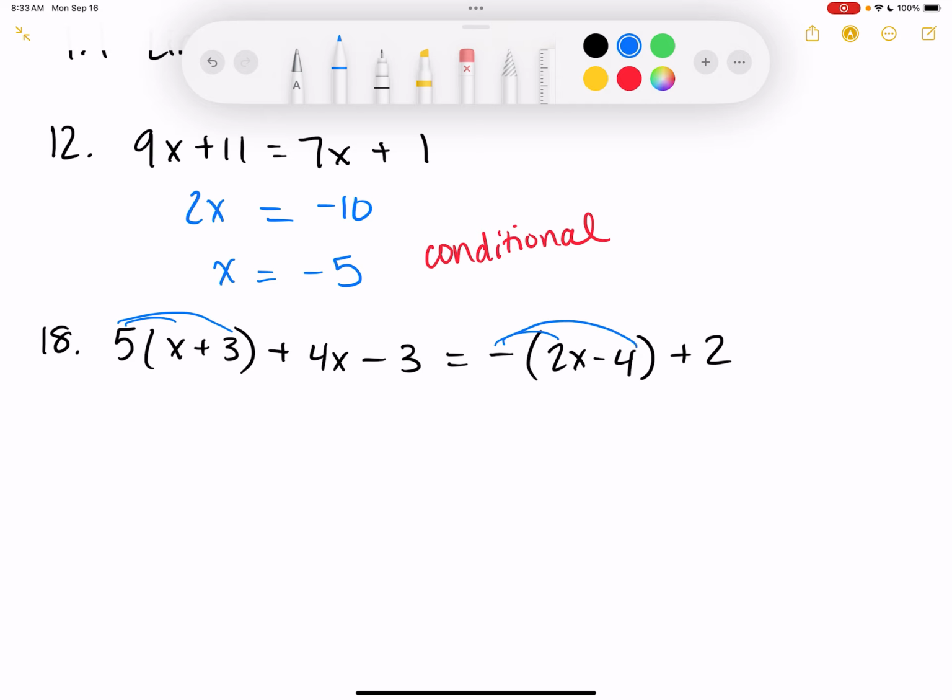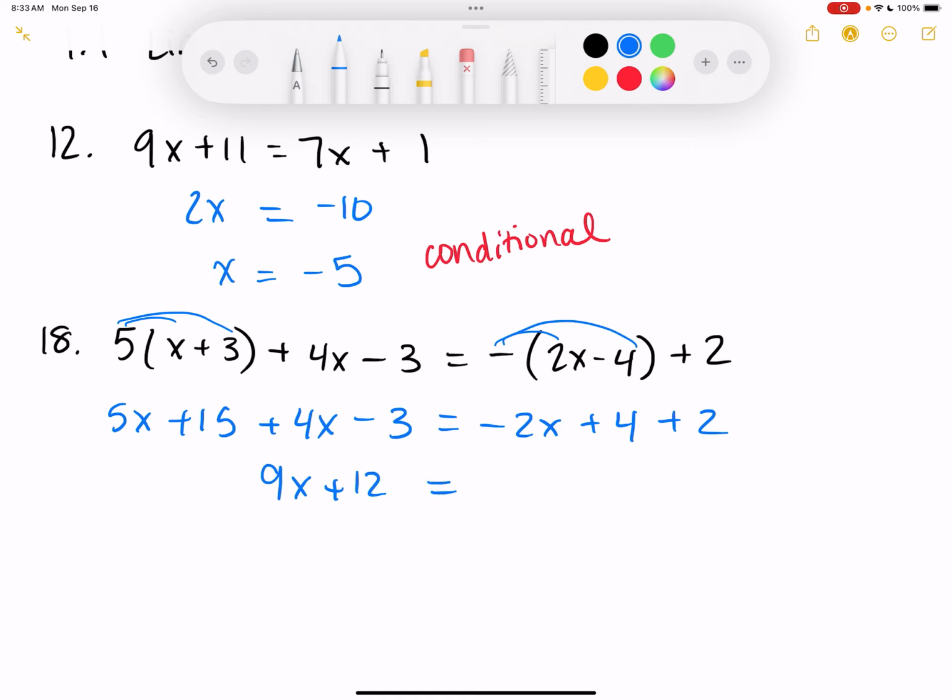So I get 5x plus 15 plus 4x minus 3 equals negative 2x plus 4 plus 2. Now I'll combine like terms on each side to simplify as much as possible. That gives me 9x plus 12 equals negative 2x plus 6.